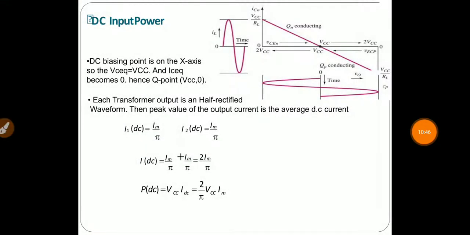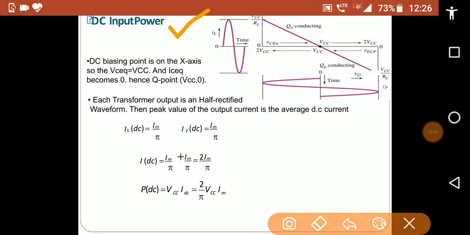So first we calculate the DC input power. The DC biasing point is 1 on the x-axis, so that VCE equals VCC and IC becomes 0. Hence the Q point is equal to VCC comma 0, and this is the Q point.